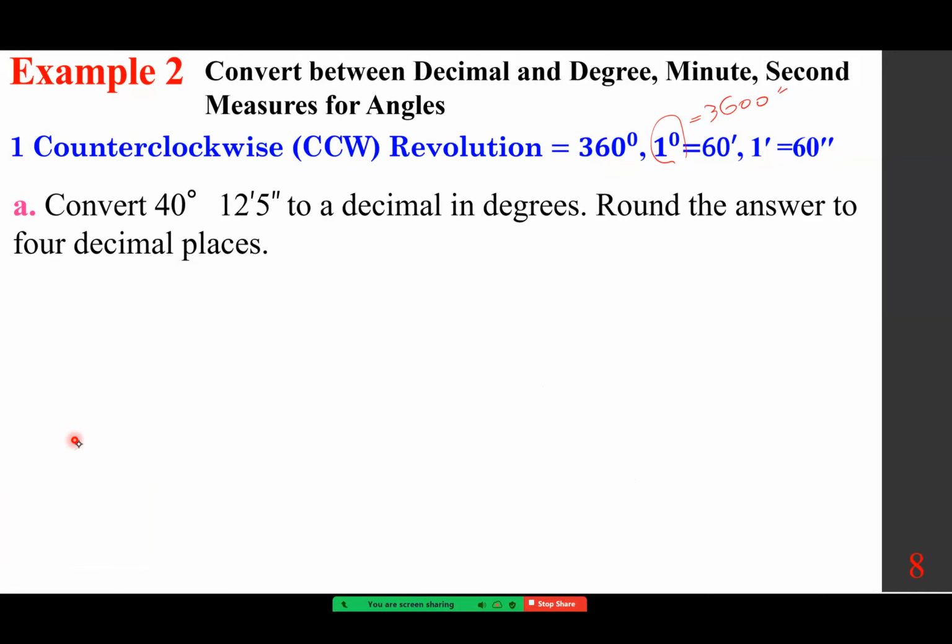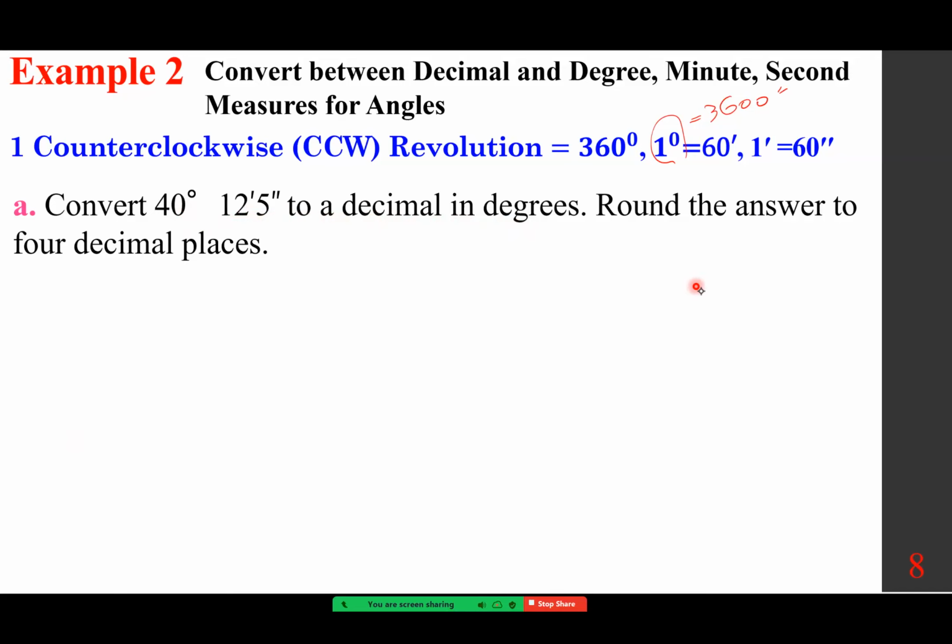Now we want to convert 40 degrees, 12 minutes, 5 seconds to decimal in degrees. That means 40 point something. How do we do that?